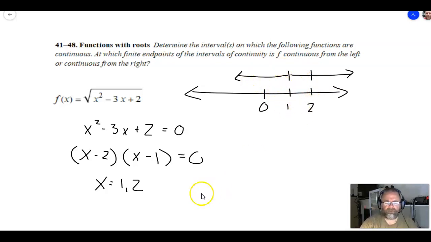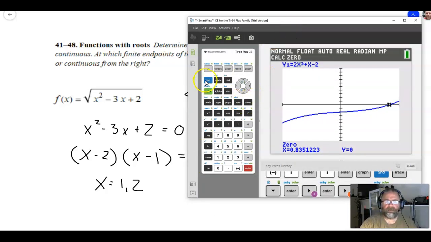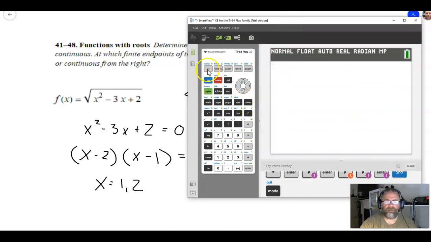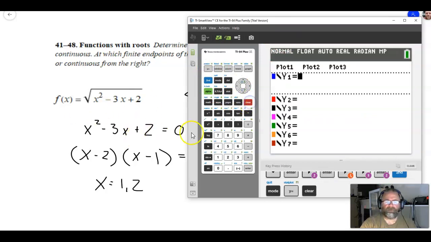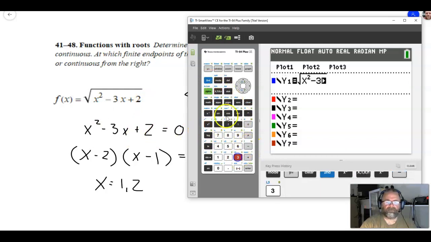Alright, so I'm going to use my calculator for this because I like to use my calculator. And we're going to go to y equals, and I'm going to put the function in there. So this is the square root of x squared minus 3x plus 2.